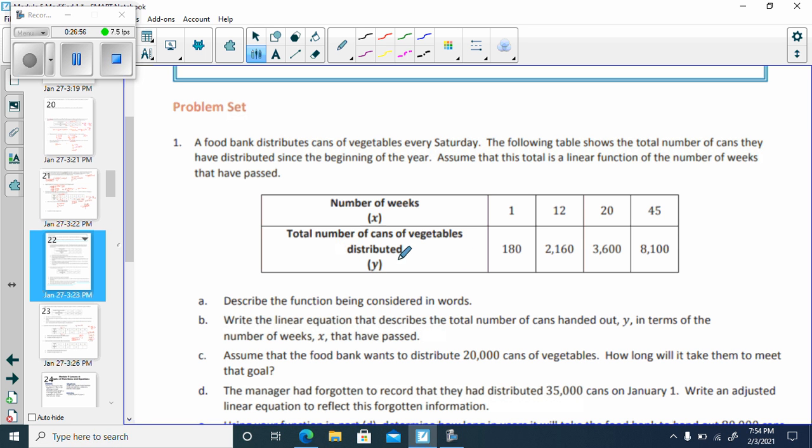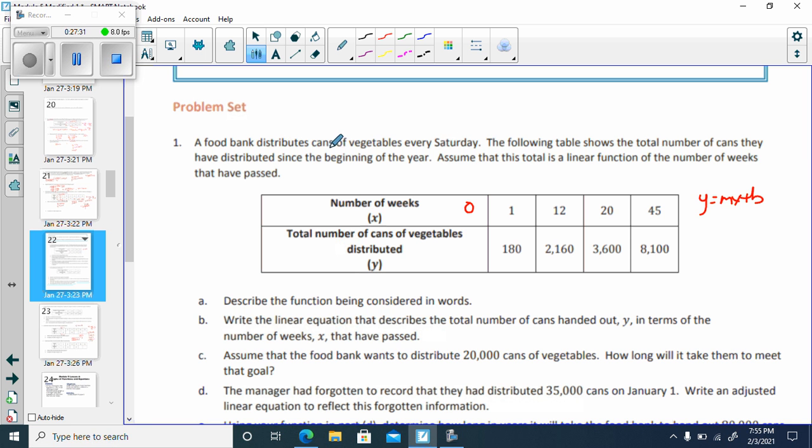We want to know the total number of cans. We want to know how many cans are being contributed each week. Write the linear equation that describes this. Let's see, we've got y is equal to mx plus b. How many cans do we start with?